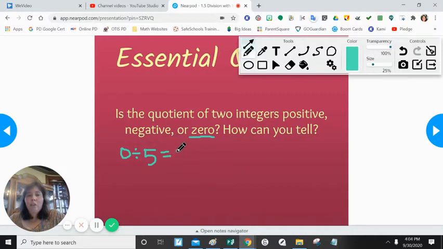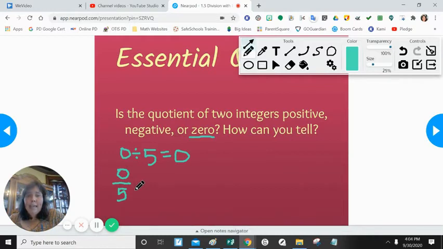Let's use this in terms of a fraction, because writing a division problem in a fraction format always helps me realize when my answer is going to be 0 and when you can't divide. So a fraction is simply your numerator divided by your denominator.